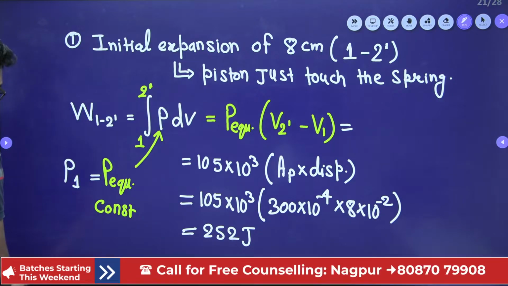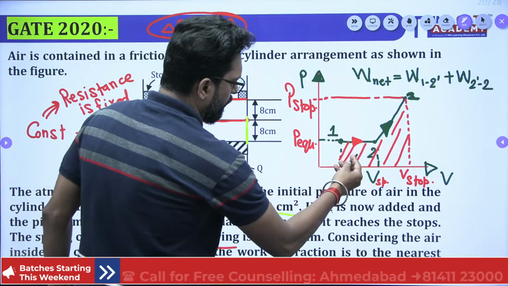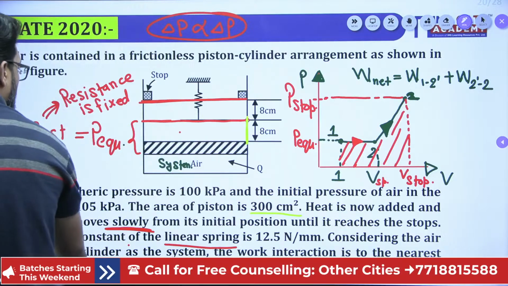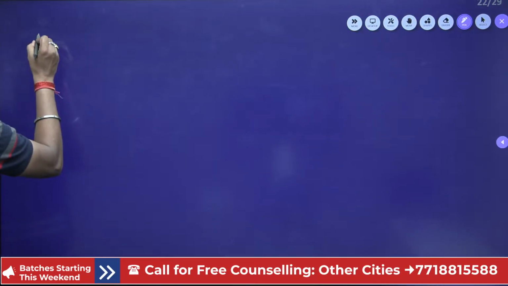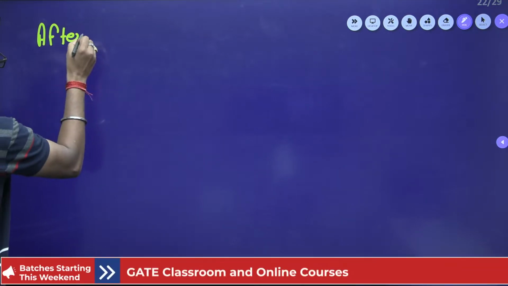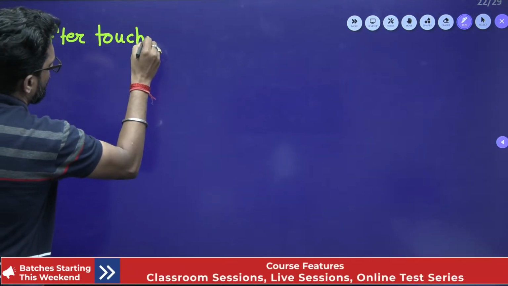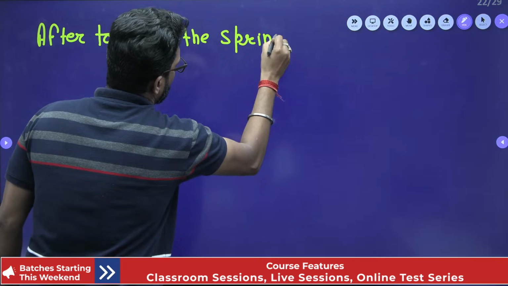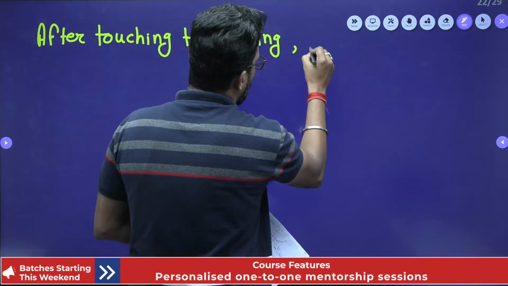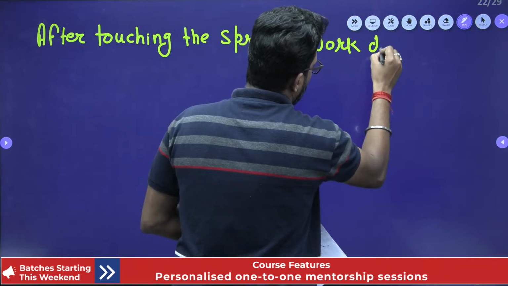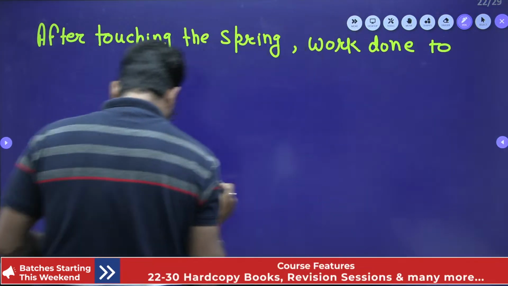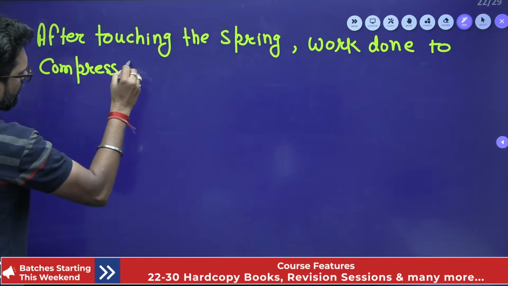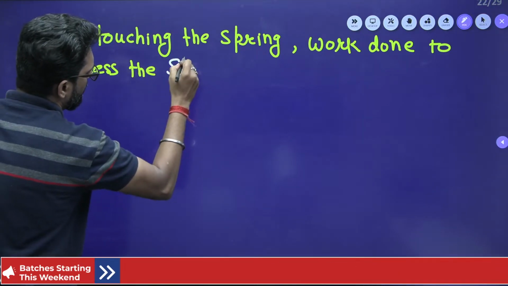Now, this is 1 to 2 dash. Now, there is important. So, 1 to 2 dash, we have found the work. Now, we have to find the work 2 dash to 2. Okay. So, after touching the spring, the work done to compress the spring.